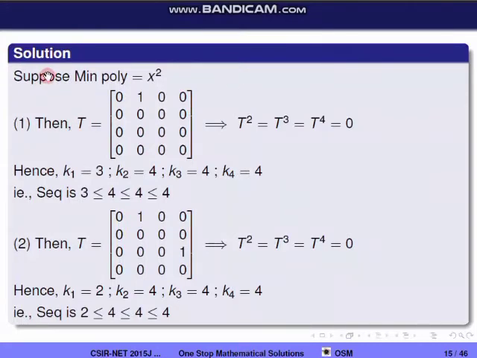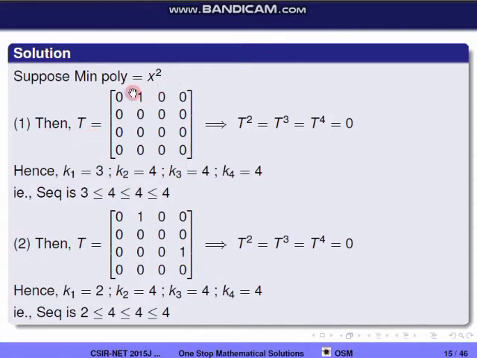Now suppose minimal polynomial is x square. So we have a block of order 2 and all other blocks will be of order less than or equal to 2. So we have two cases here. One case is where all other blocks are of order 1, and the other case is where all blocks are of order 2. So in the first case, T is given by this matrix.